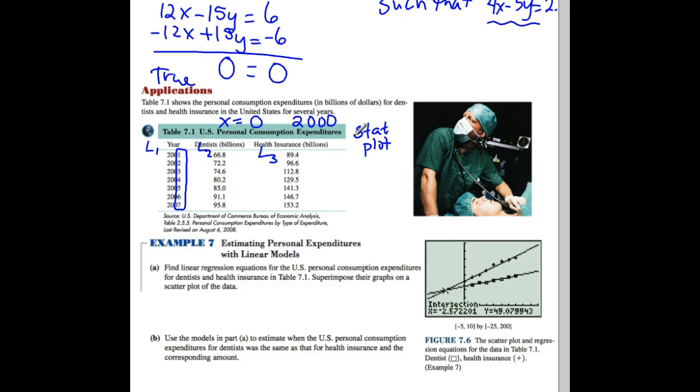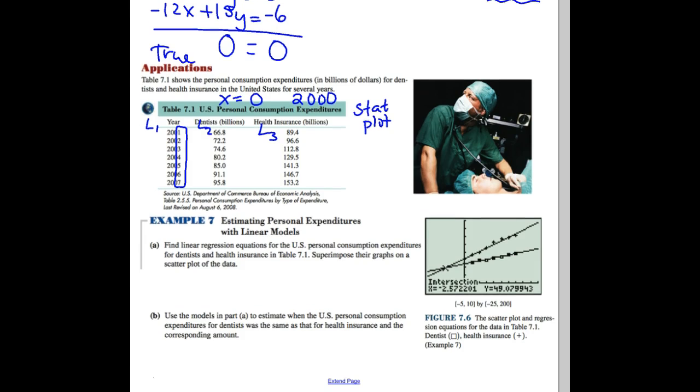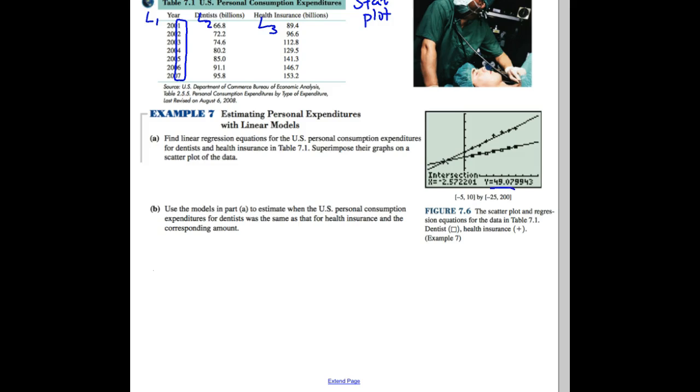Now, what kind of window should we set? Well, our years are going from 1 to 7, so we'll make it a little bit bigger. We're going to use that for our window, where x's are going to go from -5 to 10. And then if you look at the data, our y values, the highest one was 153.2.